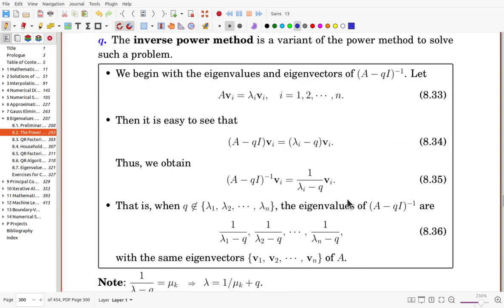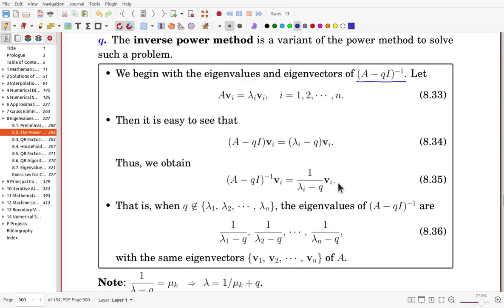Here we have a derivation. The inverse power method will use such a matrix. Once q is given, then we try to understand what the eigenvalues and eigenvectors of this matrix are.